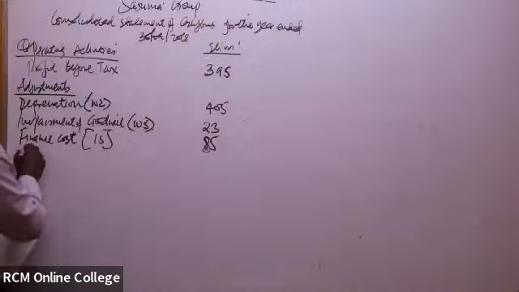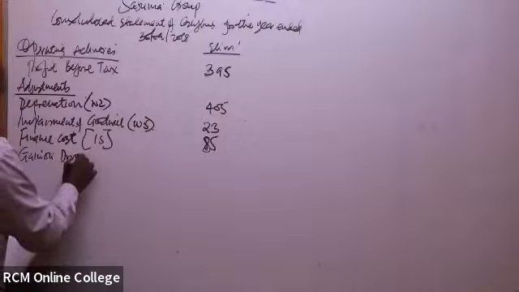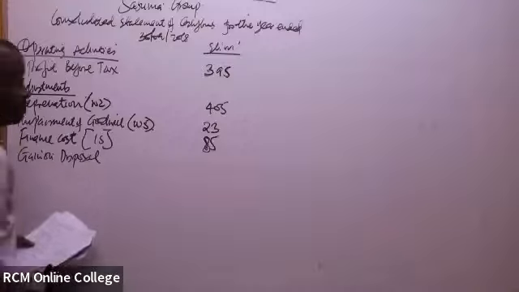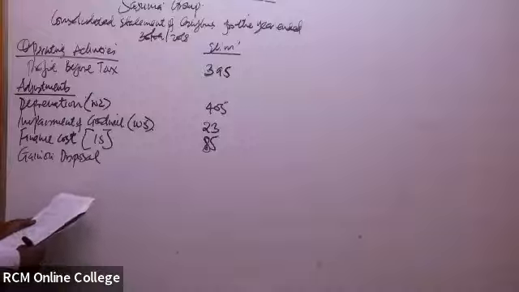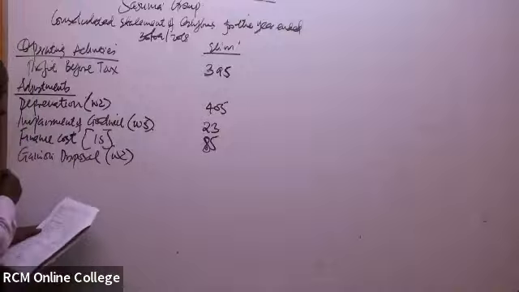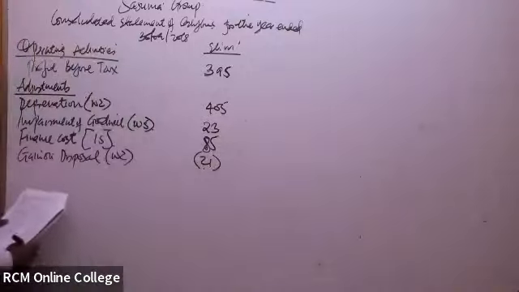Then you have gain on disposal. This one you deduct because it was not a real inflow of cash. If you look at our working number 2 under the disposal account, there is a figure of 21. So that gain on disposal, you deduct it.